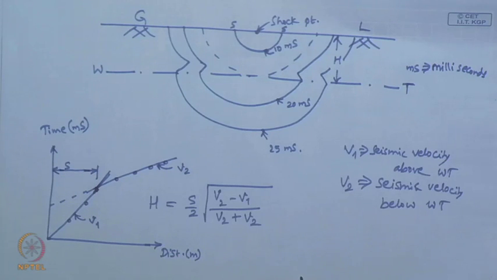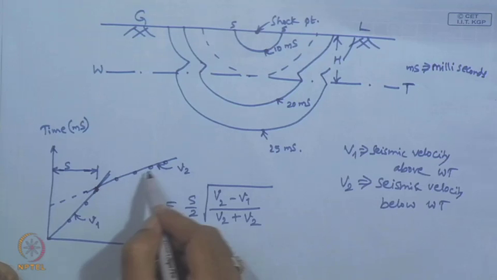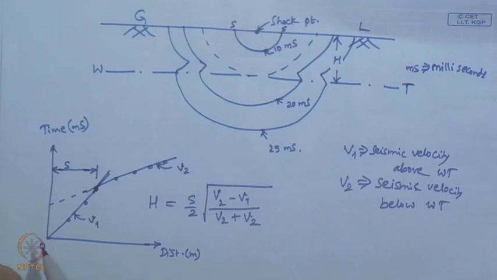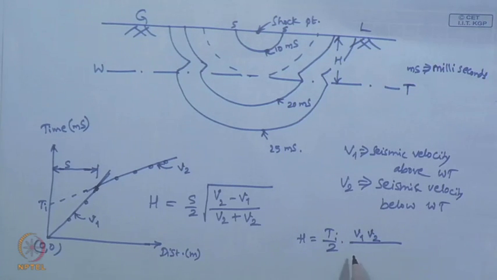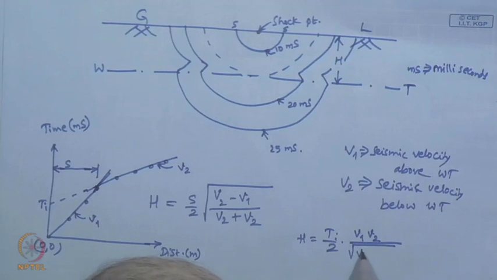And here, if the intercept of this V2 velocity line with the vertical axis is Ti, in that case we can also write one more relationship, that is h = (Ti/2) × V1V2/√(V2² − V1²).